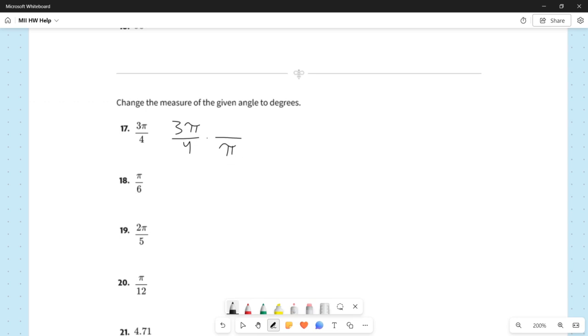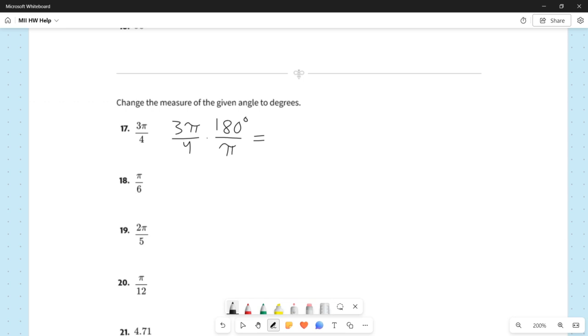I don't want to be in radians anymore. I want to be in degrees. And in the numerator, I'm going to introduce degrees. So notice that for the first time, I'm including a degree symbol here, and that degree symbol is not going to get canceled out and certainly not going to be in the denominator. So I'm writing my fraction like this because I want to get rid of radians and I want to introduce degrees.